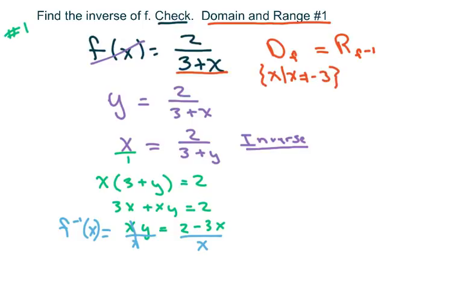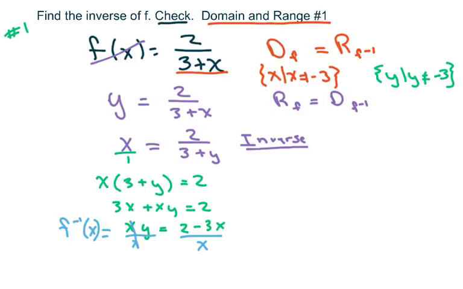So therefore the range of f inverse is going to be all real numbers, but y cannot be -3. Okay, and then the range of f equals the domain of f inverse.